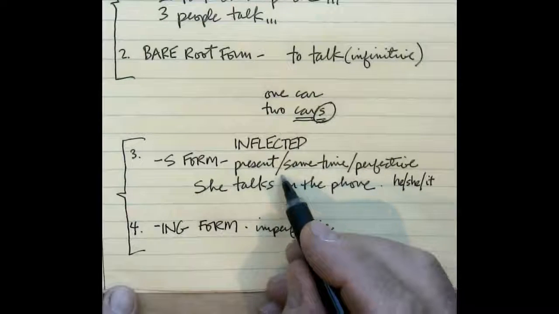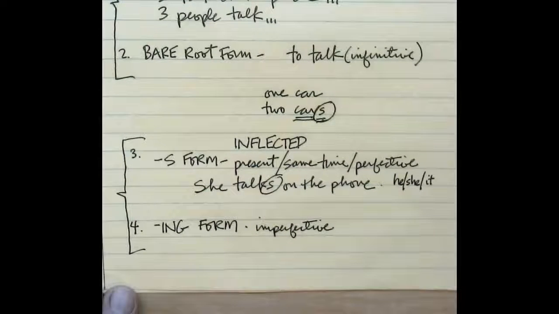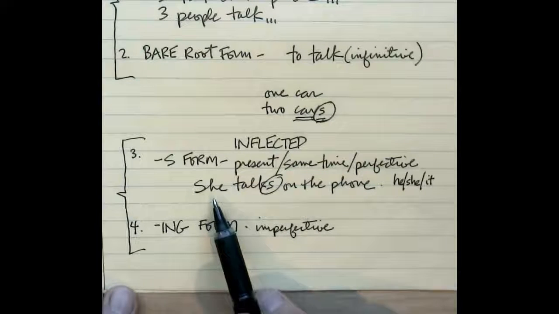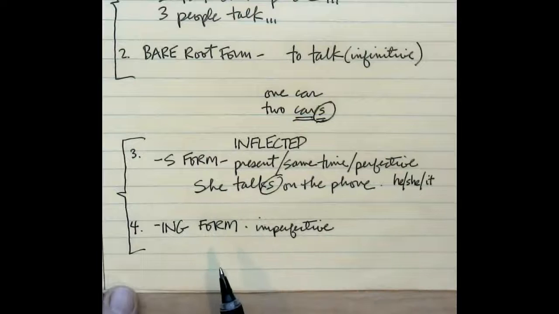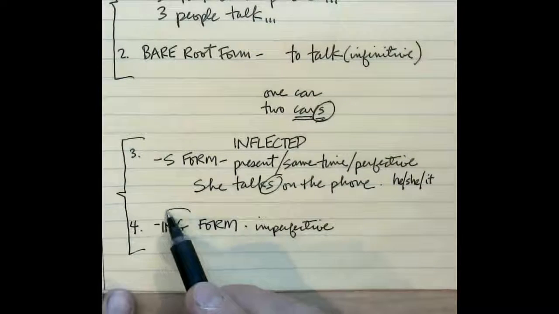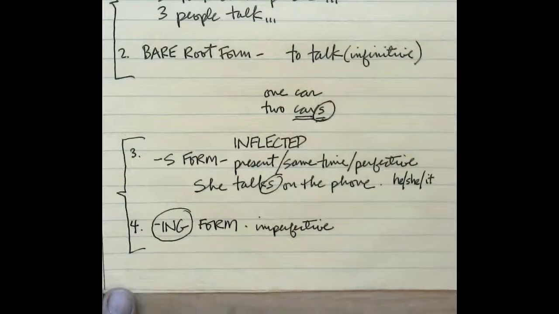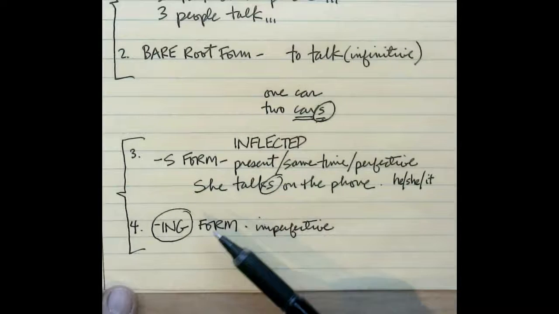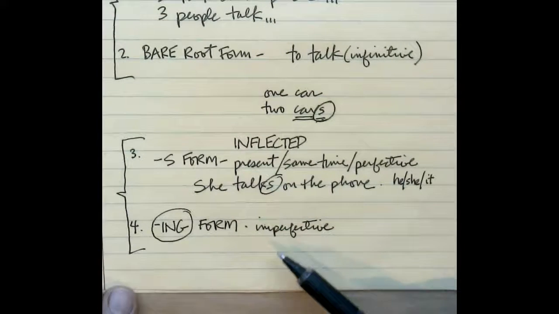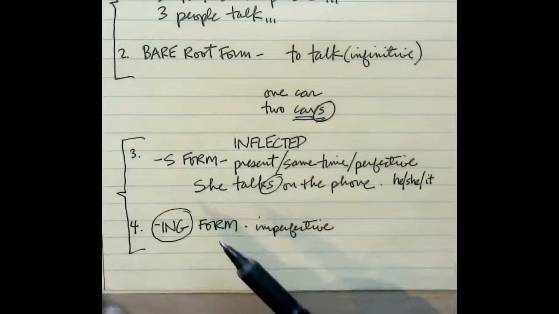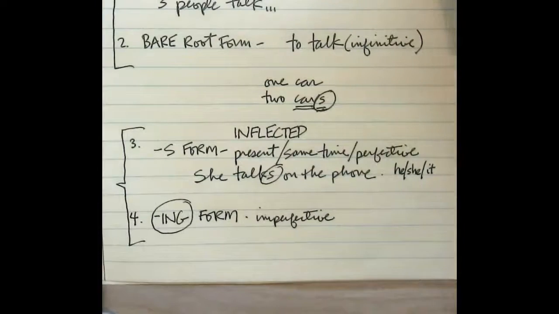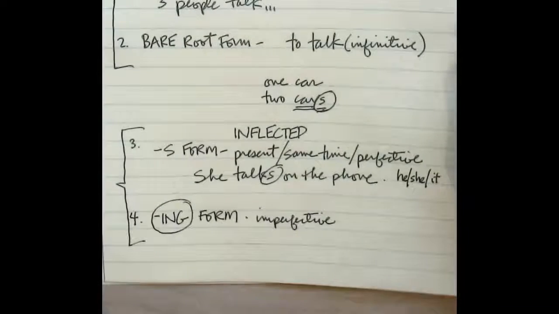For example, the S on the verb tells us that it's present, and the subject is a she, a he, or an it. The ing that we add to the verb shows it's imperfective. These are the inflections, and the job they do is to give us this information about imperfective, about present, about the subject. And again, every verb in English has these same two forms.